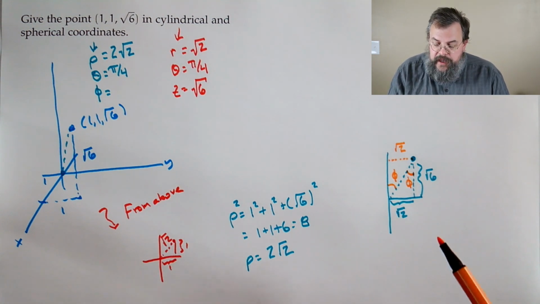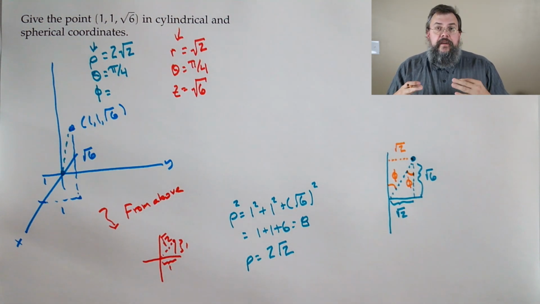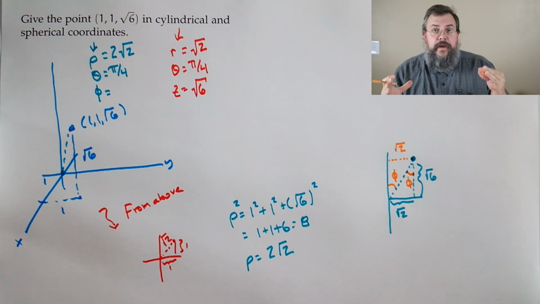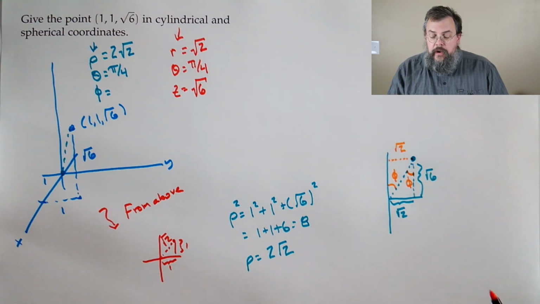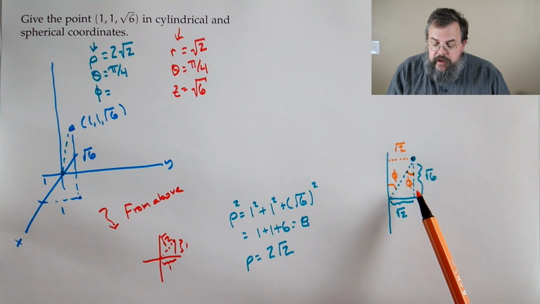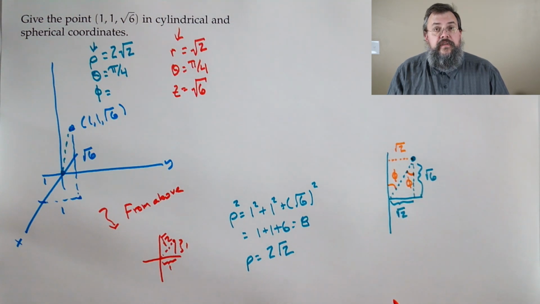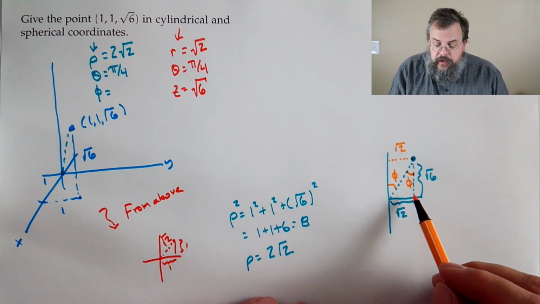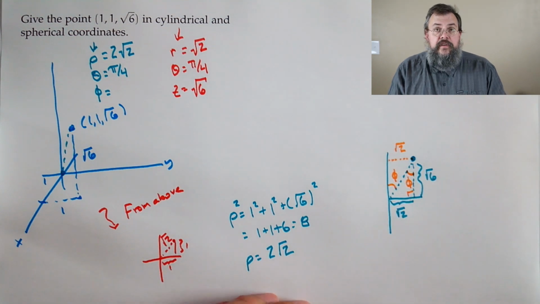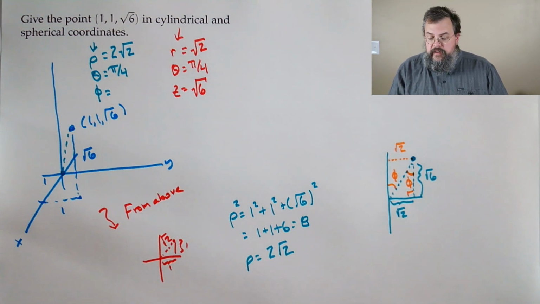So thinking about phi, we say, what lengths do we know relative to phi? The answer is, well, we know the lengths of the opposite and adjacent sides. And therefore, we should use tangent, because tangent relates opposite and adjacent.